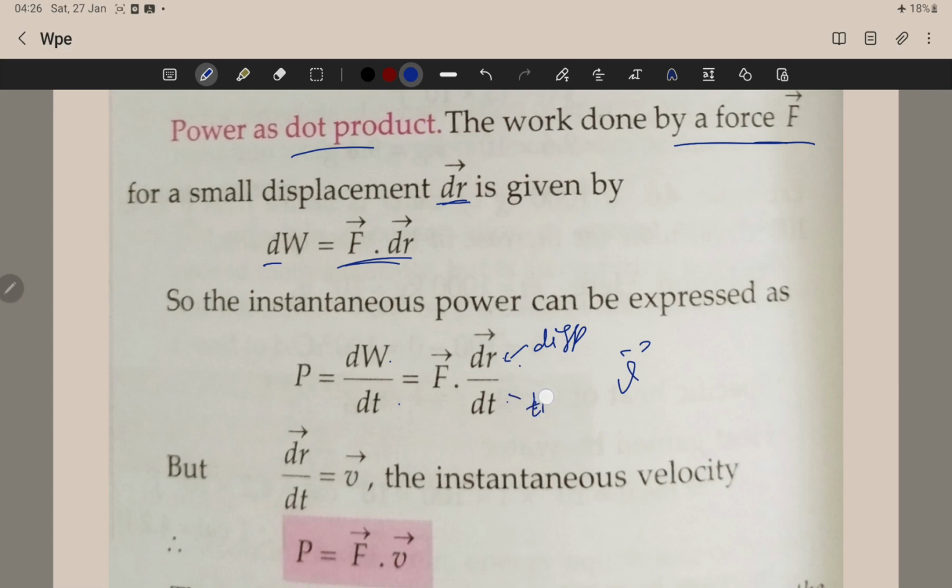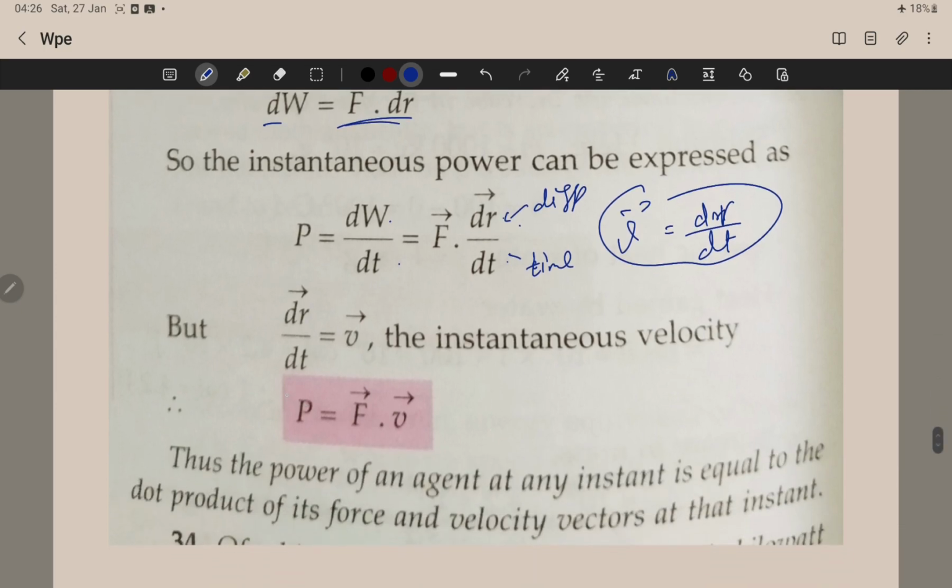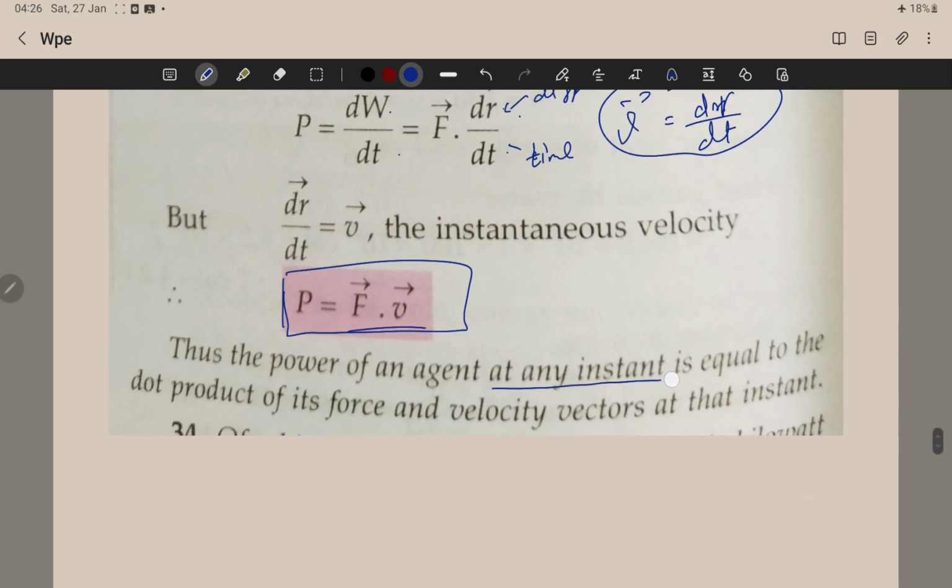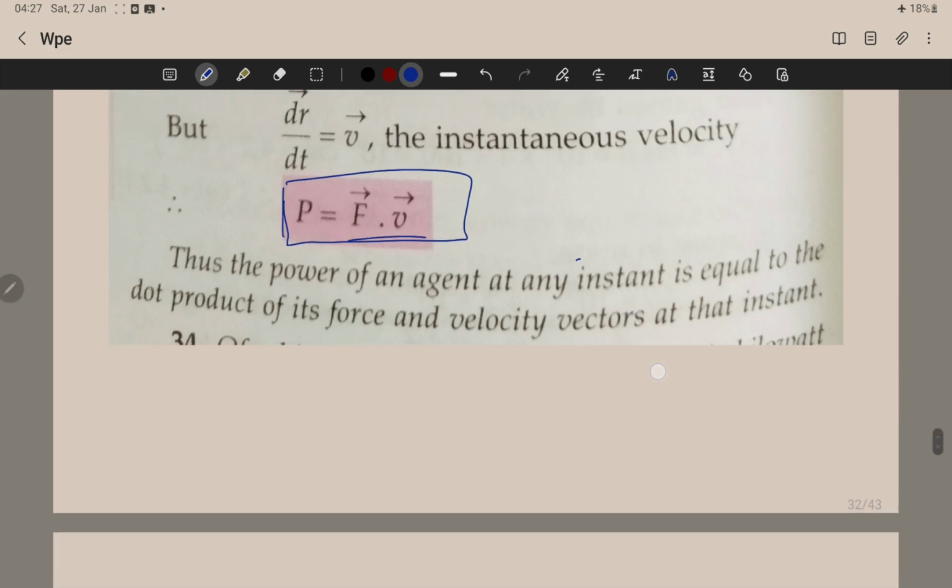Velocity is dx by dt, or here in place of dx they write dr. So we prove that power is the dot product of force and velocity. Thus the instantaneous power at any instant is equal to the product of force and velocity vector at that instant.